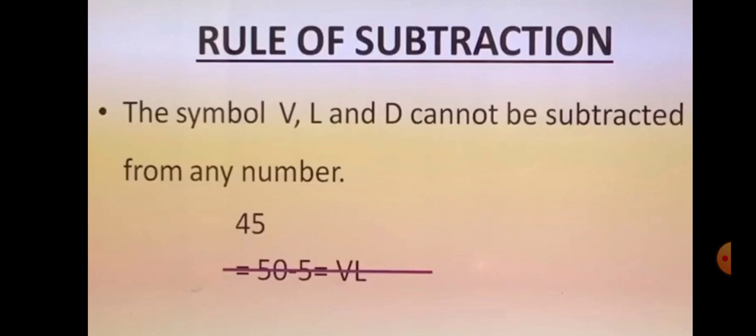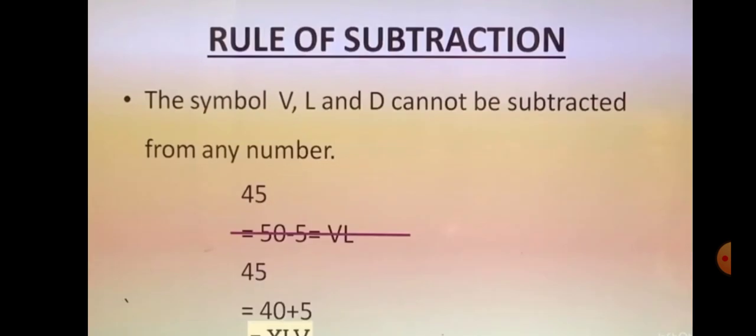For 50 we have the symbol L. If we subtract 5 from 50 we will get 45. But in this rule we have learned that the letter V can't be subtracted from any number. So we can't subtract V from L.